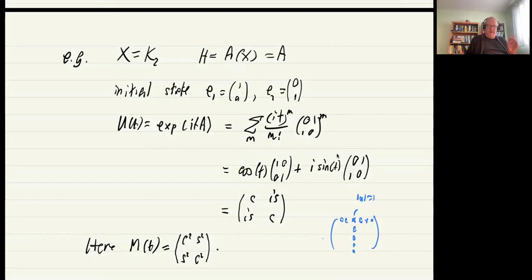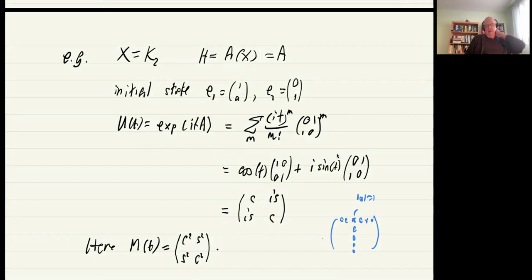So there are two extreme cases. The most interesting is the first case, where some entry of M of t is equal to 1, because that's telling you that no matter where you start, when you measure at time t, you'll get the same result, the same vertex each time.